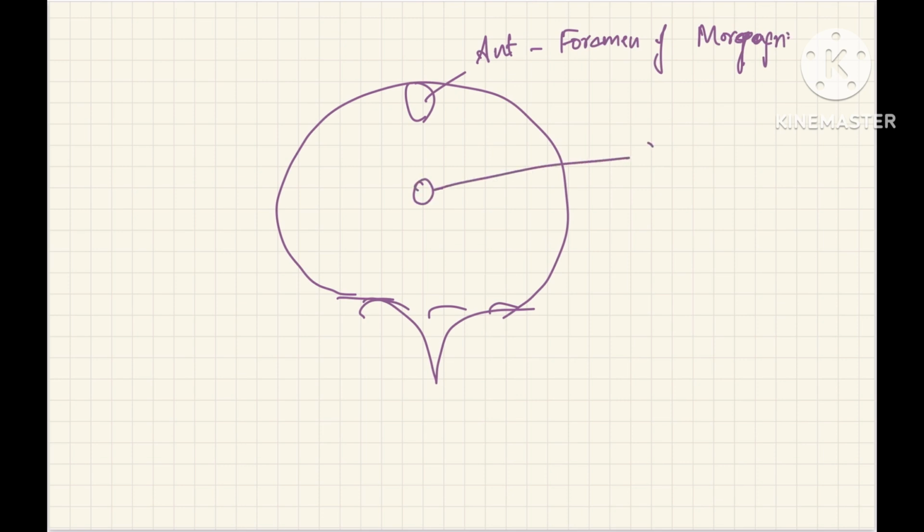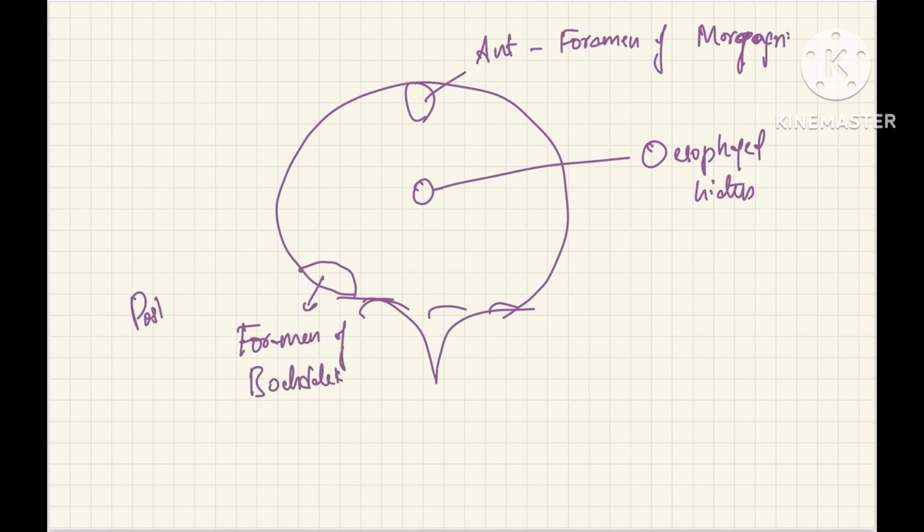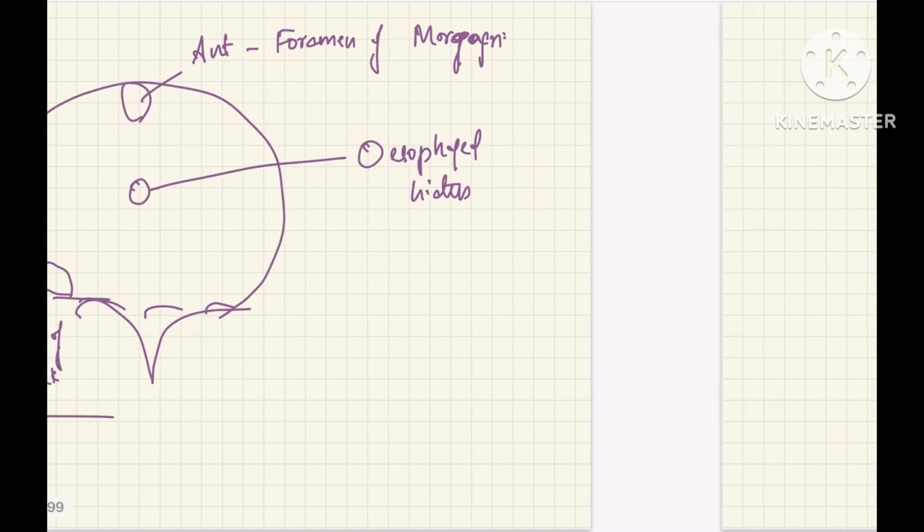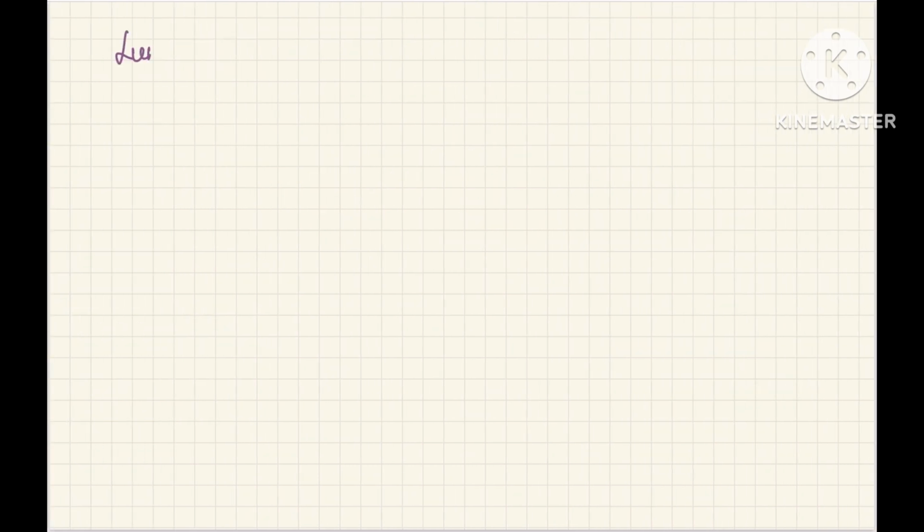We have the esophageal hiatus, and in the posterolateral part we have the foramen of Bochdalek. 80% of the CDH are from the posterolateral foramen. And what happens in the lung is hypoplasia of the ipsilateral lung.